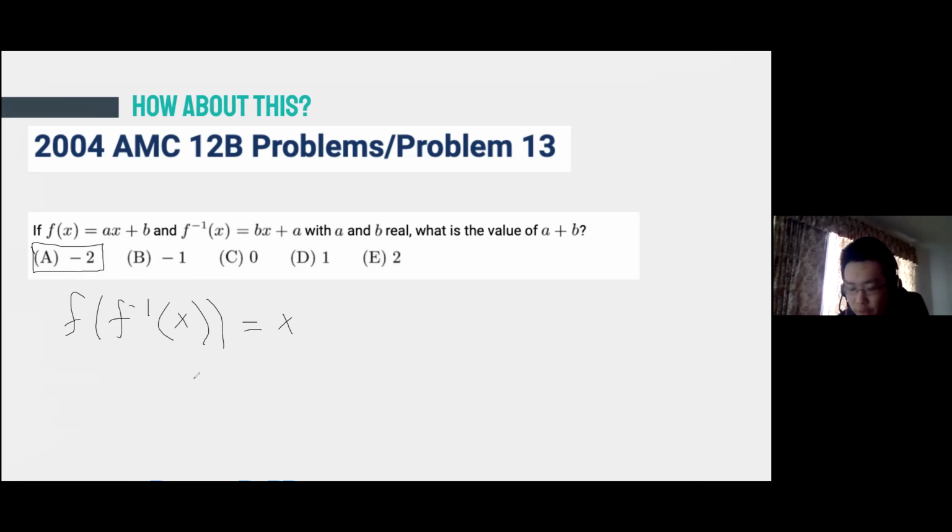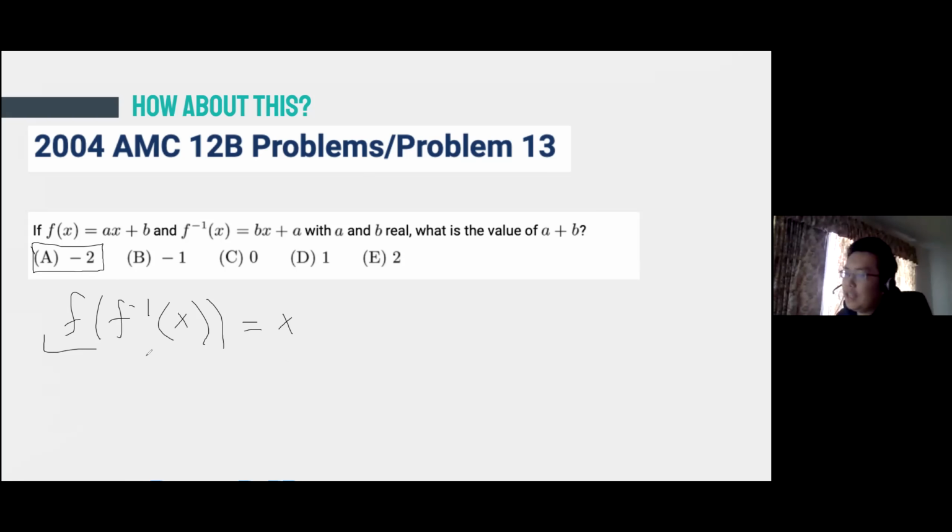The reason is that any problem deteriorates into knowing f(x) and finding f negative 1 of x, or knowing f negative 1 of x and finding f(x), or in this case, knowing both and trying to find out what the variables are. Either way, you're given some information about f and some information about f negative 1, and you're trying to equate the two together. This is the perfect equation to do that, because you know the composition between f and f negative 1. This is called function composition.